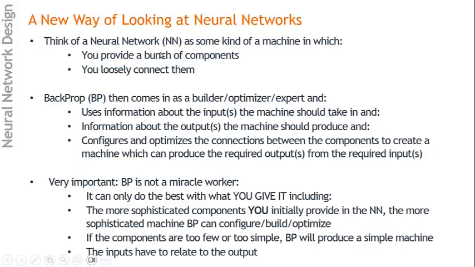And this corresponds to what are called hyperparameters, which are decisions you make about the neural network before you try to optimize it.